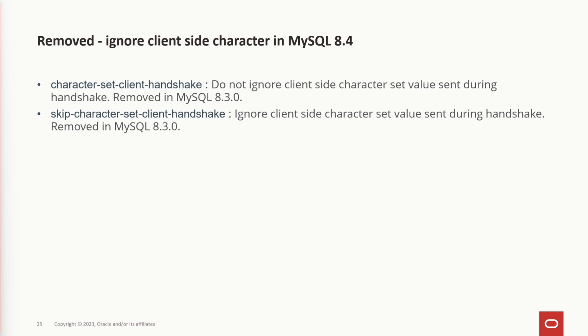So I checked all things. If you want to roll back 8.0 to 5.7, you have to keep character-set-client-handshake in my.cnf, and also default UTF-8 MB4 collation, non-900 AI CI, general AI CI, you have to specify that one.